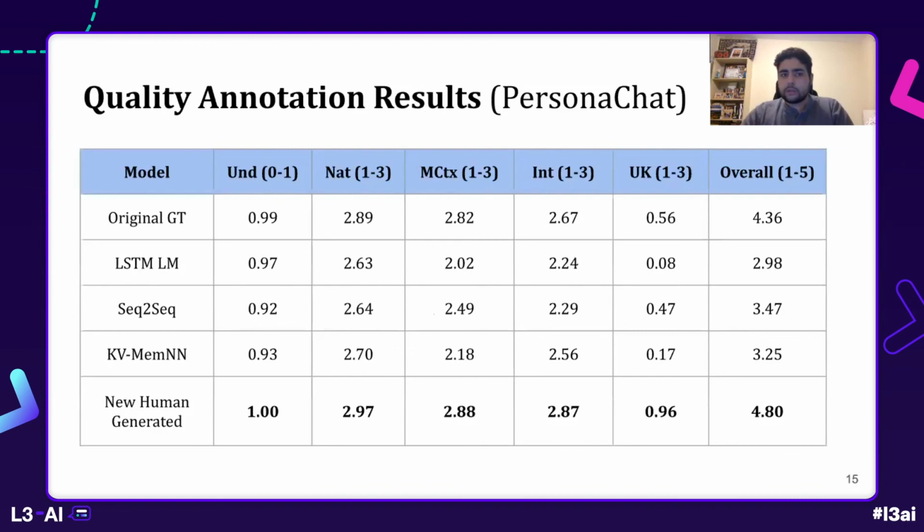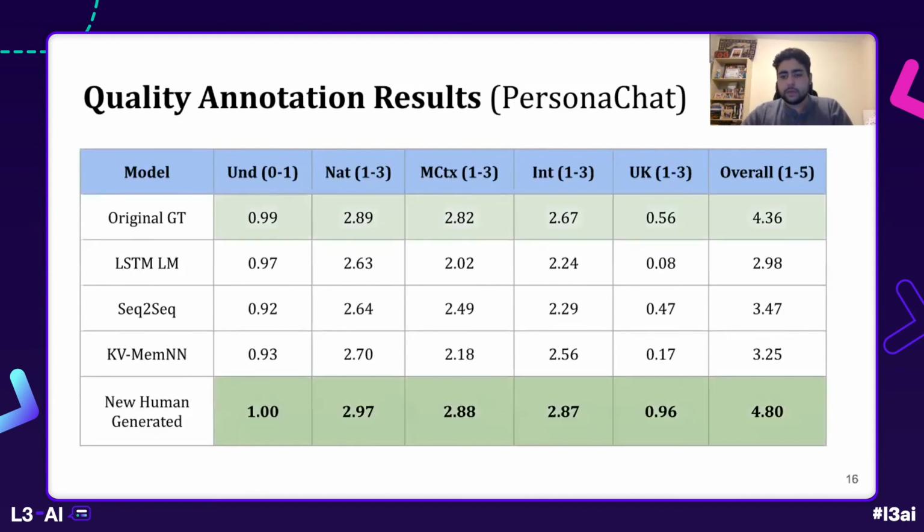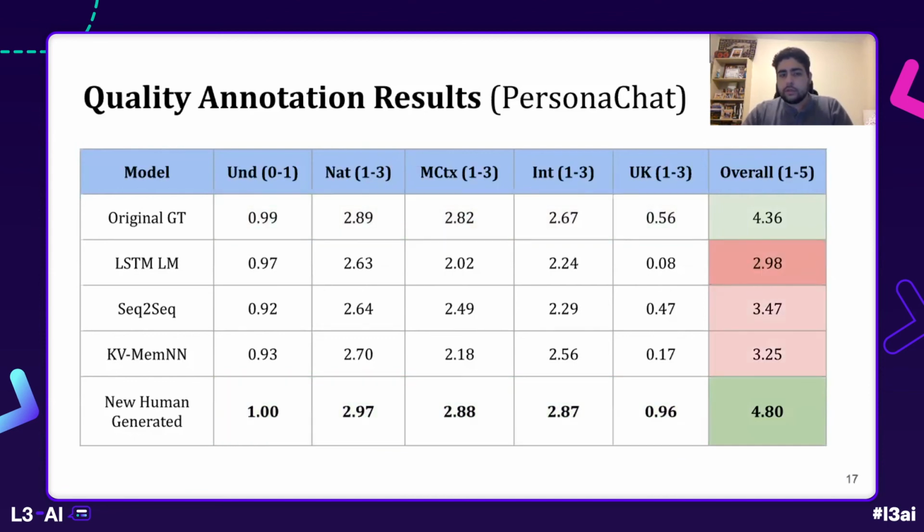Here are the results of the annotation on the persona chat responses. What I want to highlight is that the new human-generated responses outperform everything else, closely followed by the original ground truth. The models are a bit of ways away, with the LSTM language model being a little bit lower than the other models.